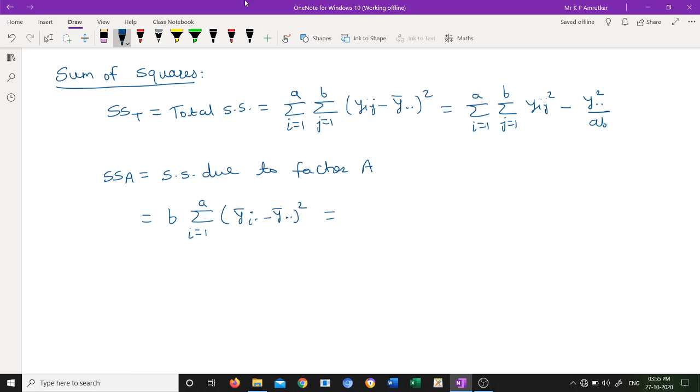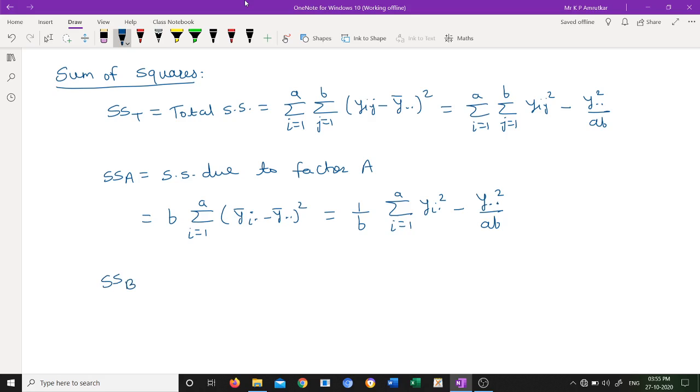And in terms of correction factor, this formula will be 1 upon B summation i equal to 1 to A yi dot square minus correction factor. Correction factor is y dot dot square upon AB.